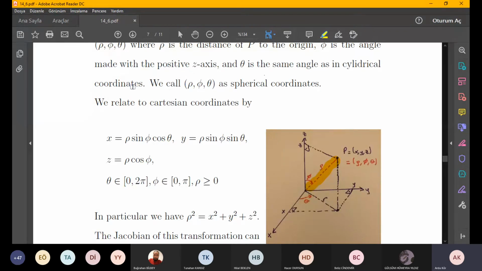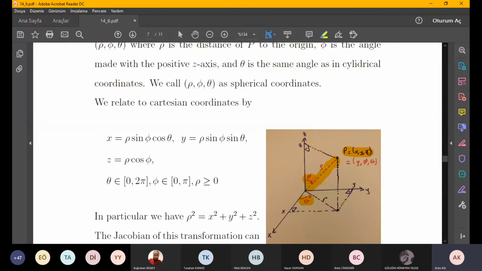So this is the phi, and theta actually is the same angle as in cylindrical coordinates, so we can say as in polar coordinates. So this is the angle theta. And we call rho, phi, theta the spherical coordinates of any point.